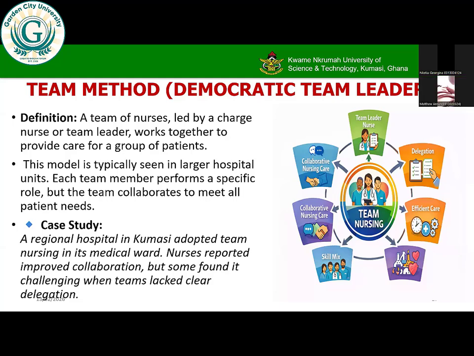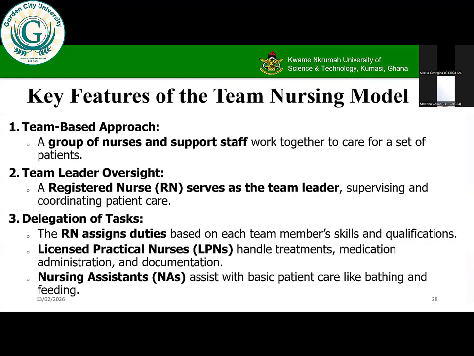Let's go to this here. These are the key features. A group of nurses and support staff work together to care for a set of patients. Then the team leader oversight. We have a registered nurse who serves as the team leader. We have a team of maybe 5 or 6 members.